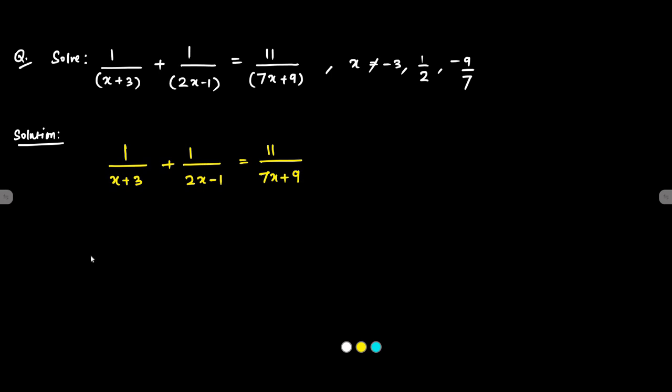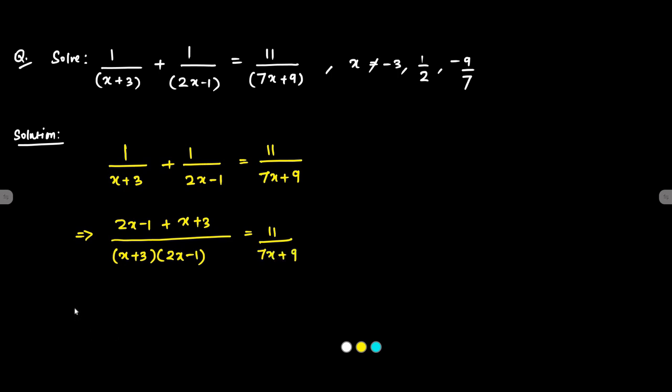That implies here in the denominator it will be the product of these two, x plus 3 into 2x minus 1. So here it will be 2x minus 1 plus x plus 3, that is equal to 11 by 7x plus 9.